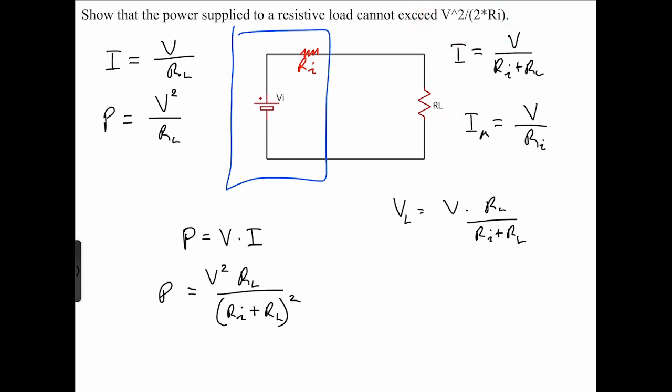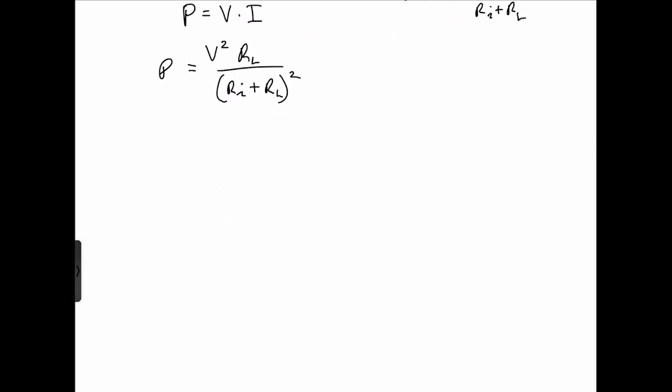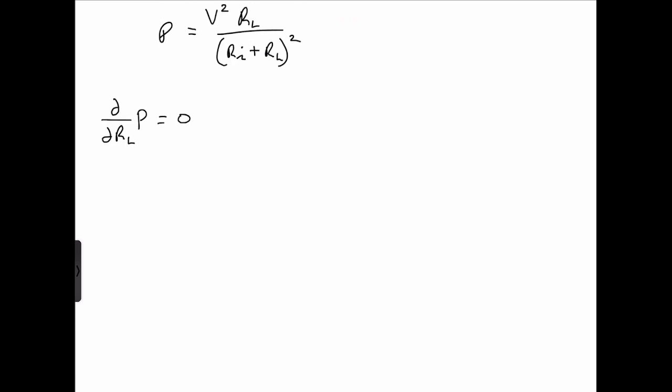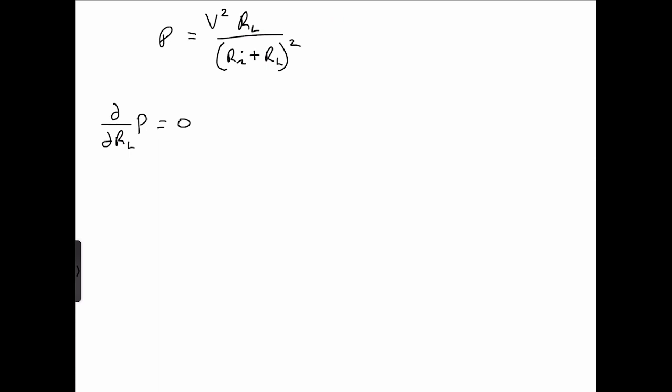So we take the derivative of P in terms of RL, set that equal to 0, and then get our RL.